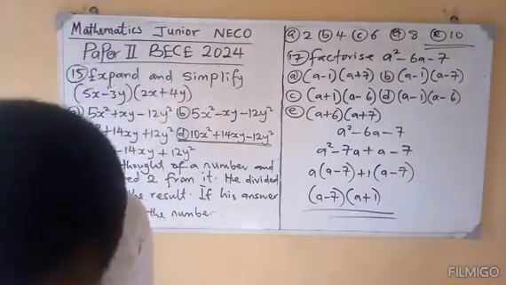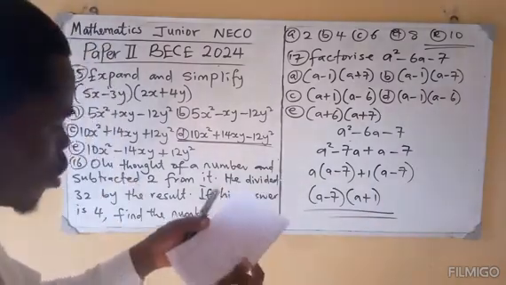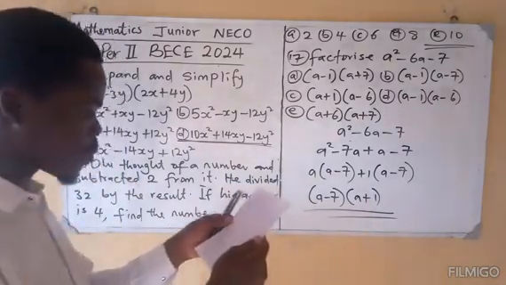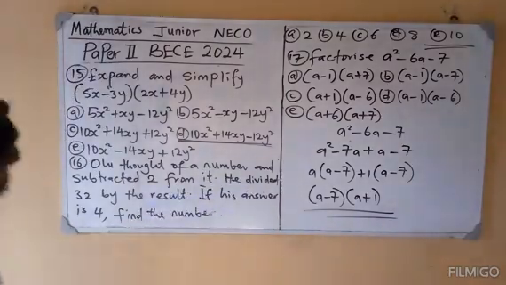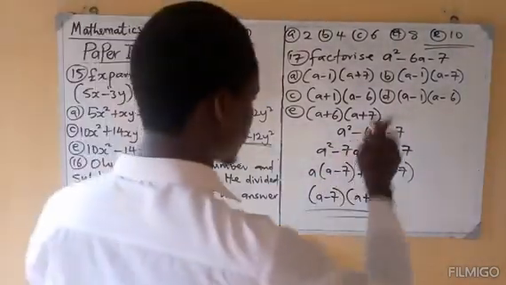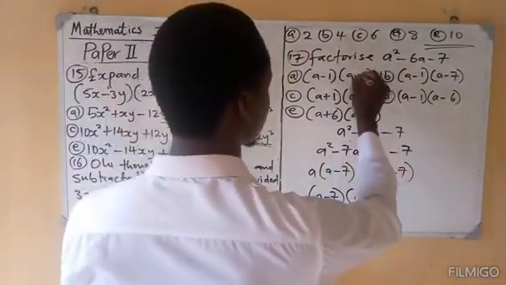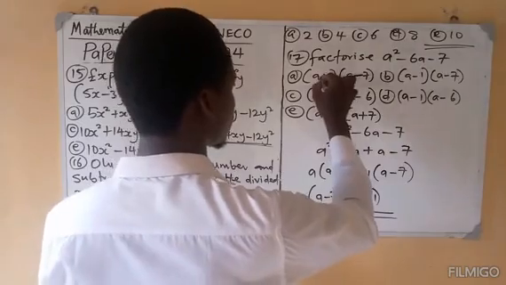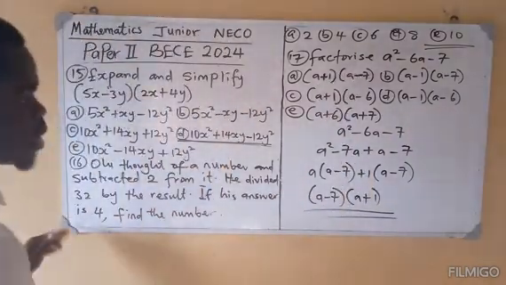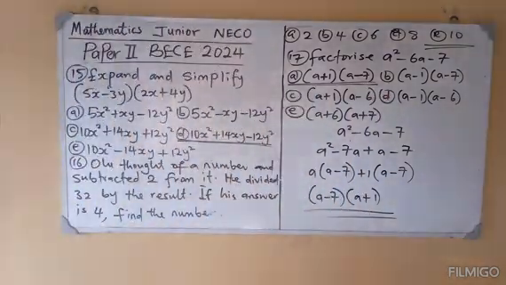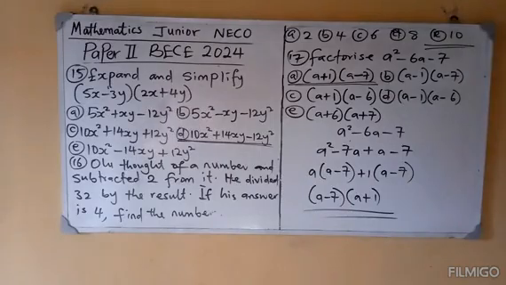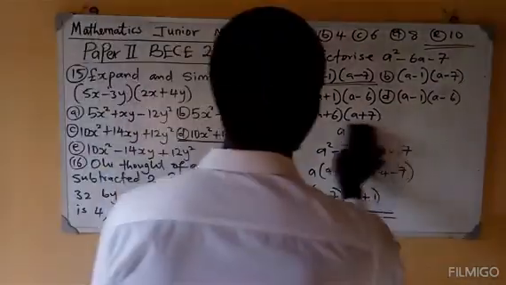Okay, let me check the options again. Option number 17. Okay, we have plus 1. So yes, sorry, this is minus, while this is plus. So this is correct. So you can see that option A is the correct answer. Option A is correct. So we move to the next question.